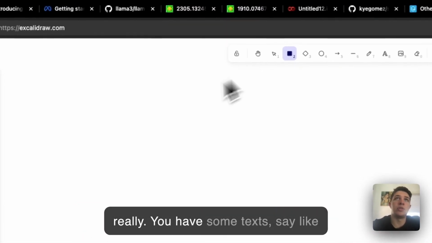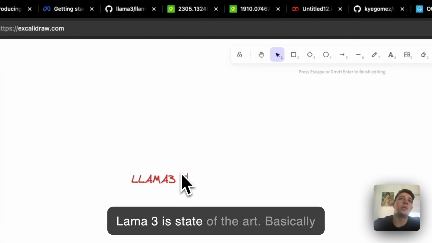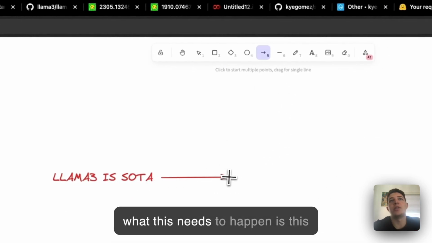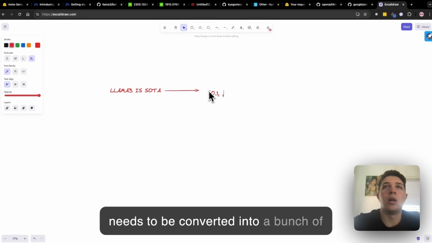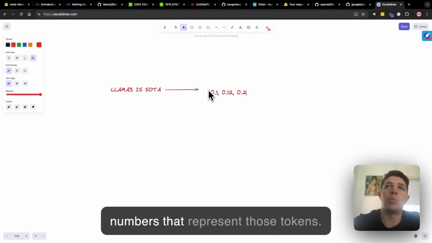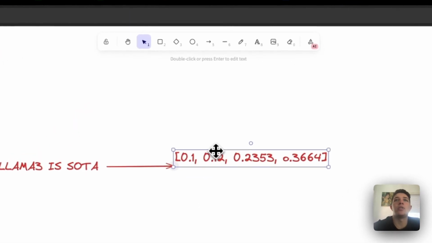You have some text, say like "Llama 3 is state-of-the-art." Basically, this needs to be converted into a bunch of numbers that represent those tokens. That's essentially what a tokenizer does.